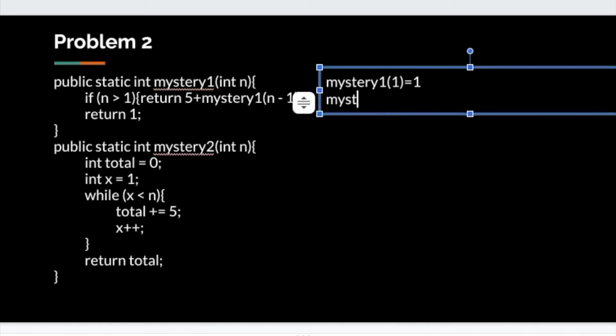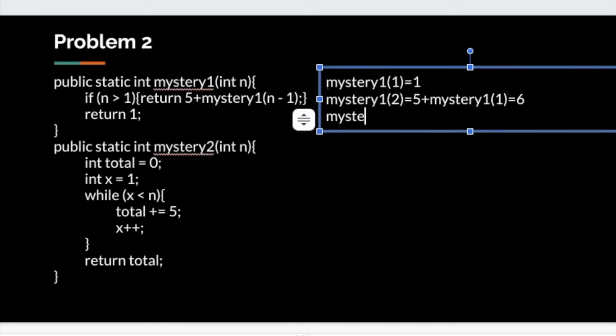And then mystery 1 of 2. So 2 is greater than 1, so we return 5 plus mystery 1 of n minus 1. And 2 minus 1 is 1. And we already know that mystery 1 of 1 is 1. So overall mystery 1 of 2 is 6.